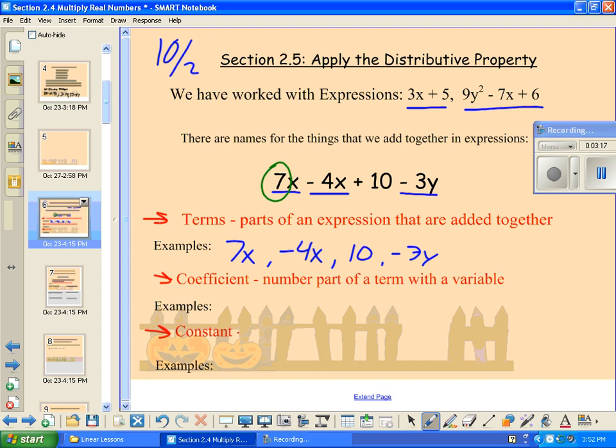So one coefficient could be 7, because it's the number in front of that letter x, that variable. Another coefficient is negative 4. This term is negative 4x, so when I talk about the coefficient, that sign comes along with it too. And this last one is negative 3. So coefficient, the number part of a term with a variable, just the number we're talking about.